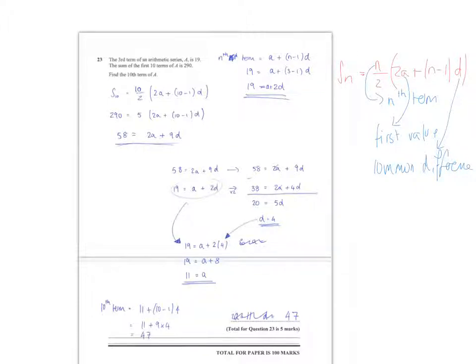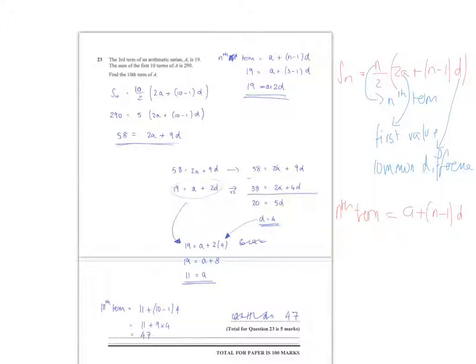The second formula you need to remember is the nth term of an arithmetic series. Arithmetic meaning a series that goes up by a common amount. And that is just a plus n minus 1 d. Which makes sense.